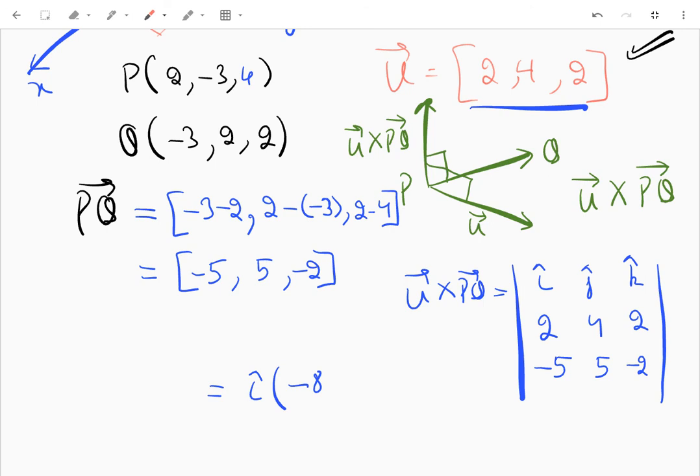For my I component, I leave out its row and column, then multiply these, which is minus 8, and then subtract the product of this 5 into 2, which is 10.